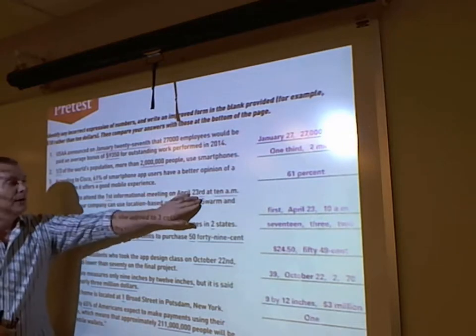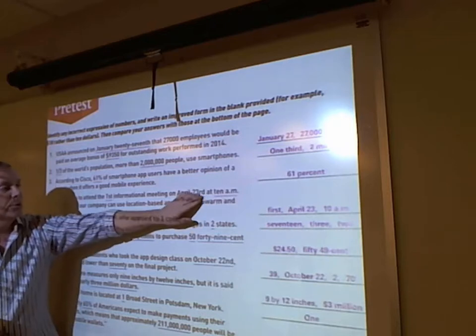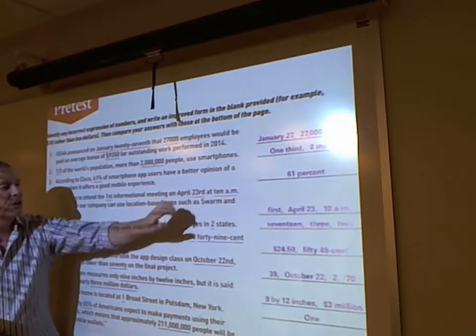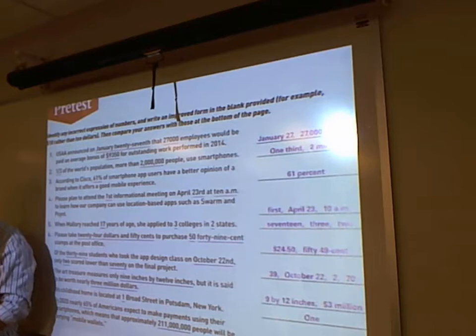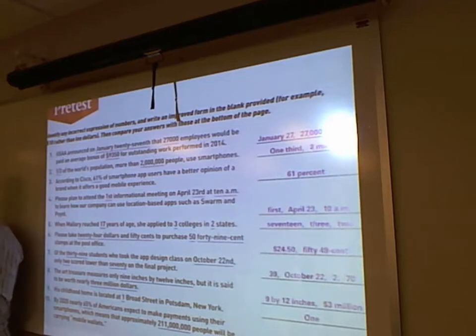Since the date is associated with the month and comes after it, we're going to get rid of the RD and just say April 23. And as far as 10 is concerned, we're going to use a figure when it's associated with AM or PM. Always use a figure if it's associated with AM or PM. Now if you have o'clock for the time, then it's optional whether you use a figure or a word before it.